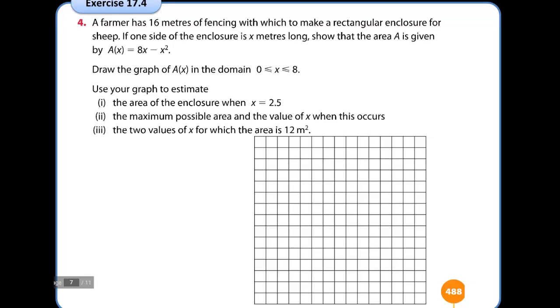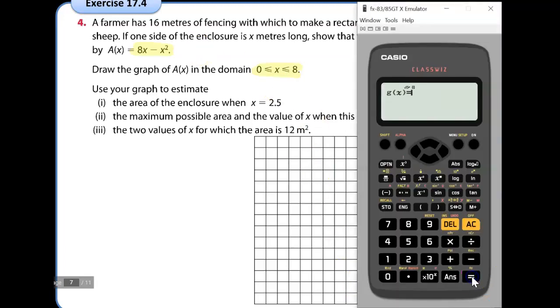So we have a function of 8x minus x squared. We're given a domain from 0 to 8, so we can work out the values. We can use our calculator to help us. So we've got the function in there, and we've got the right domain values from 0 up to 8 with steps of 1.